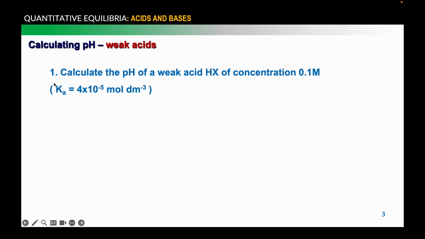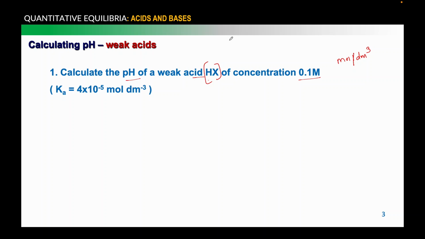So now this is first problem, student, where first we will read it and we will find what is given in this problem. So calculate the pH of weak acid, that is this is HX acid, of concentration 0.1 molar. Molar means mole per dm cube, and dissociation value is given, that is Ka is equal to 4 into 10 to the power minus 5 mole per dm cube.